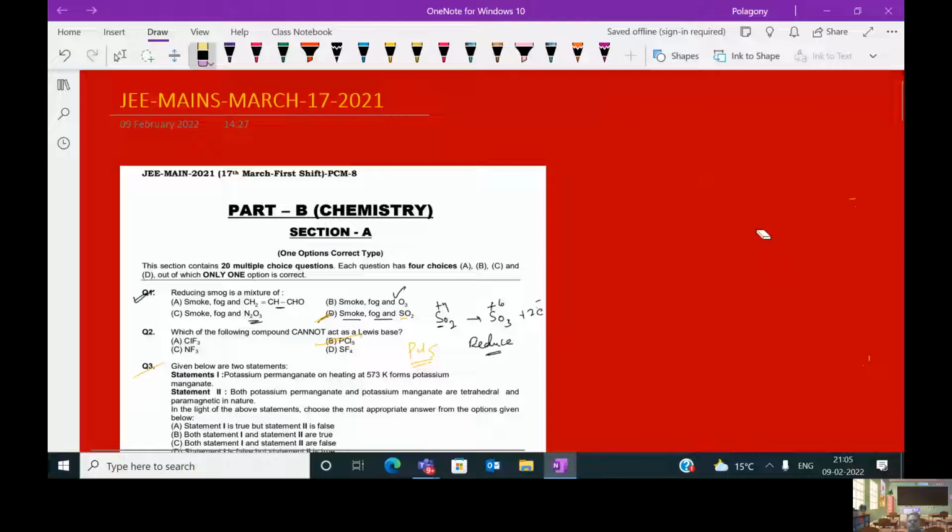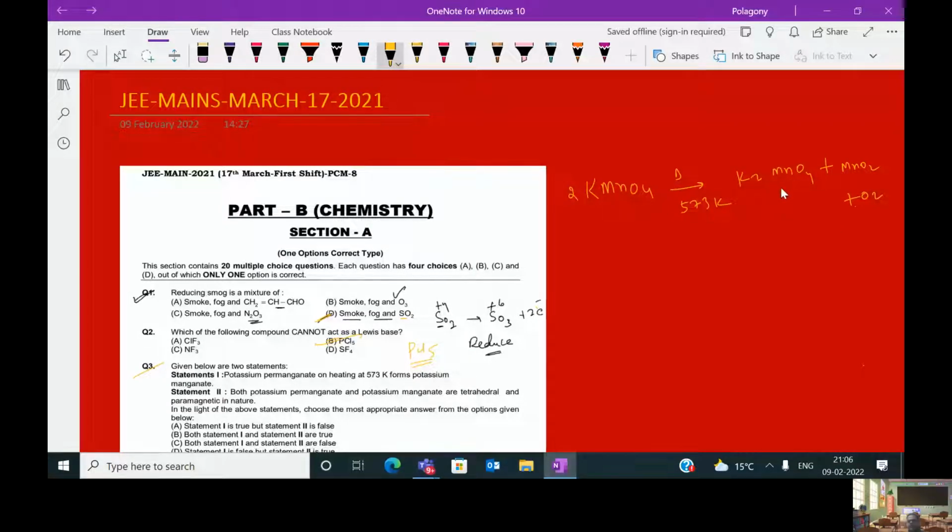This is a statement-based question. One statement is that potassium permanganate, KMnO4, on heating at 573 Kelvin temperature forms potassium manganate, K2MnO4, plus MnO2 plus oxygen. This is the reaction at 573 Kelvin.